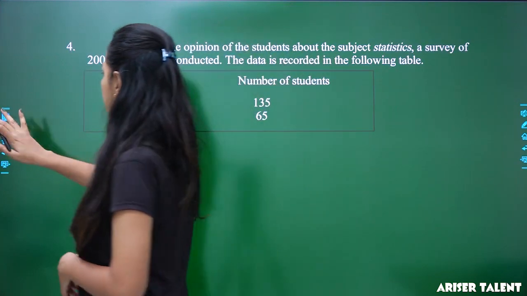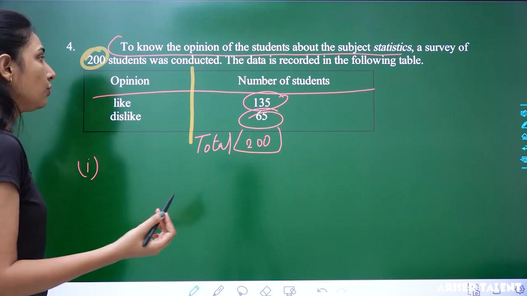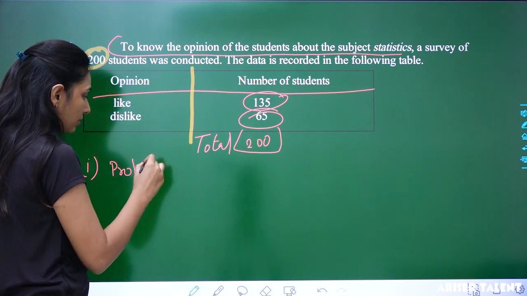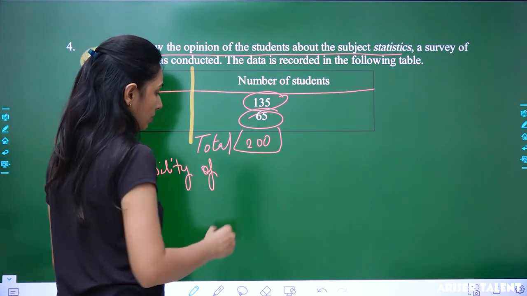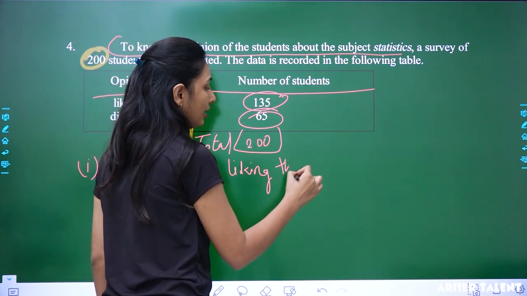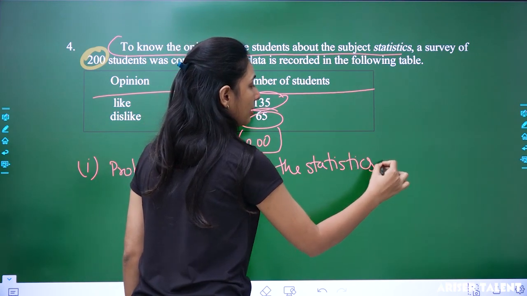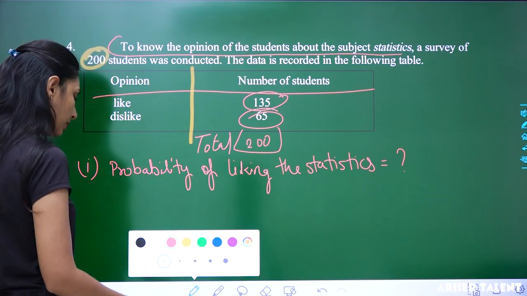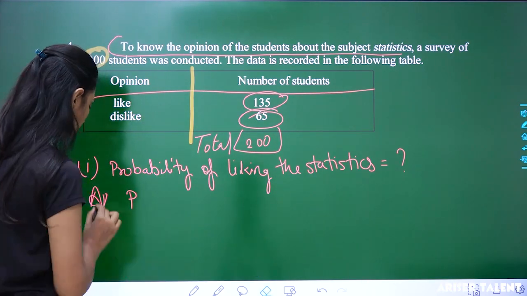Now you have to tell first thing. Okay, the question is not complete here. Let me write it for you. First thing, you have to find the probability of liking the statistics. In that case, you are going to write the answer simply in the solution section.